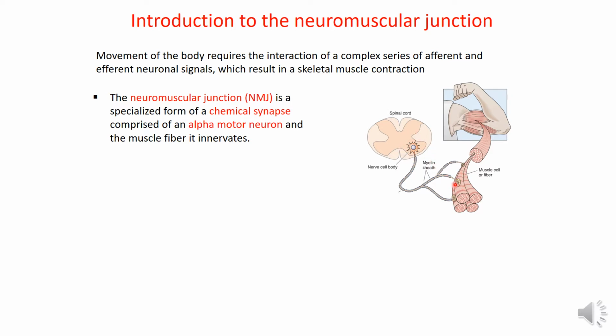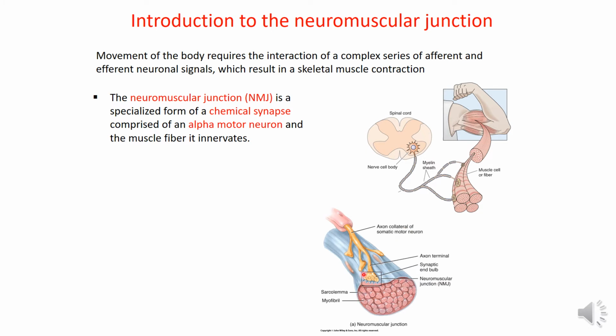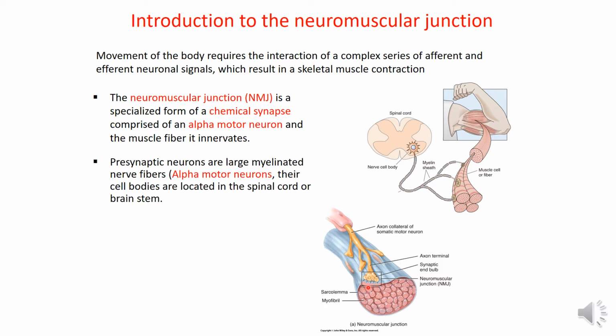The synapse is formed of a presynaptic neuron and a postsynaptic surface. The presynaptic neuron is the termination of the A-alpha motor nerves, and the postsynaptic surface is the surface of the skeletal muscle that contains the receptors.